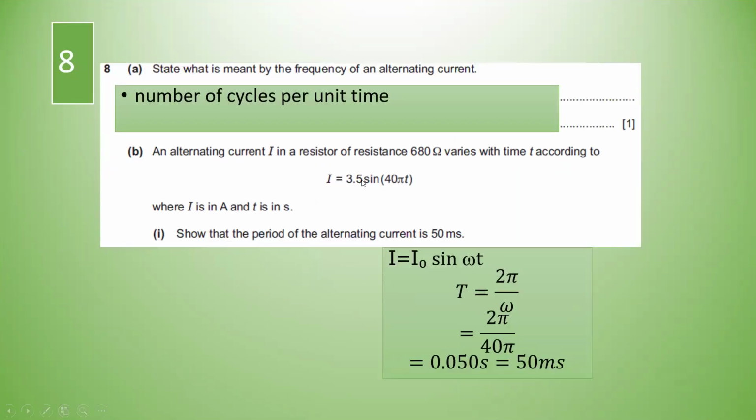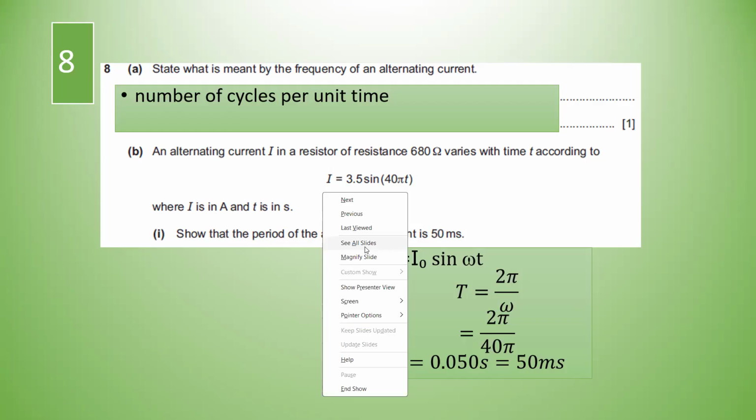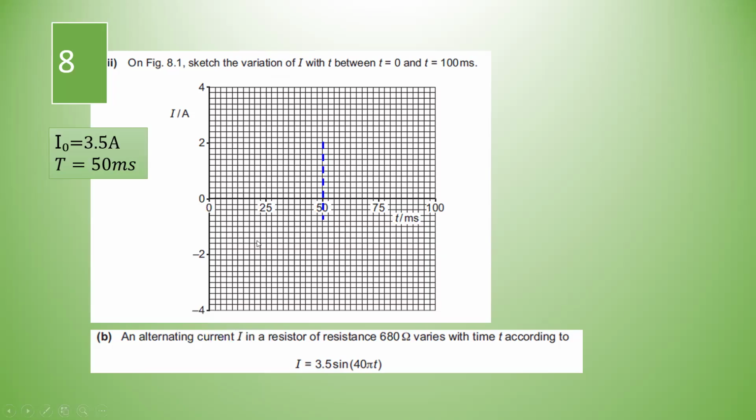That's the peak value, 3.5. And then it's a sine graph. 3.5 is about there, and then minus 3.5 is about there.